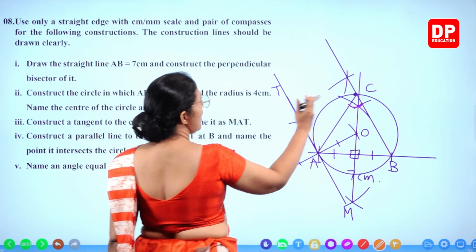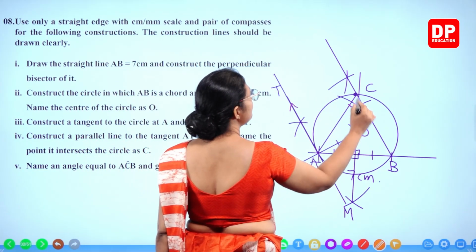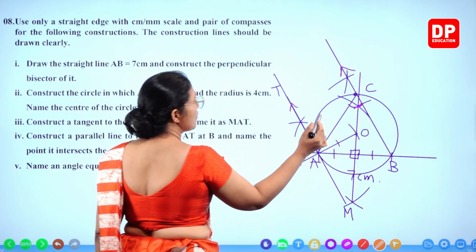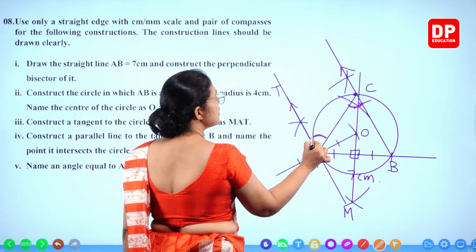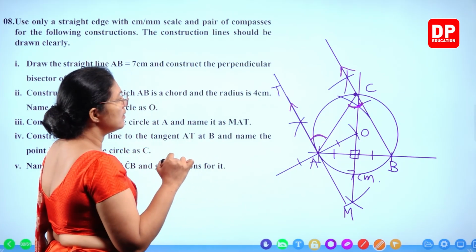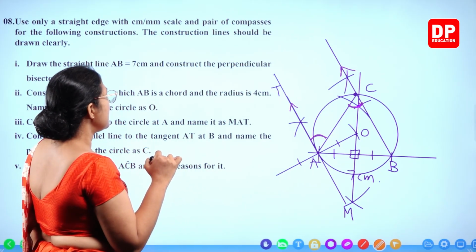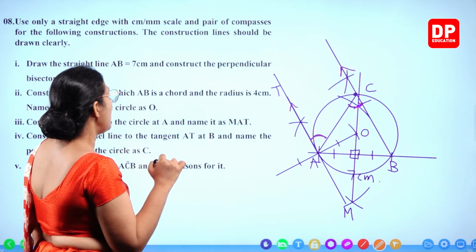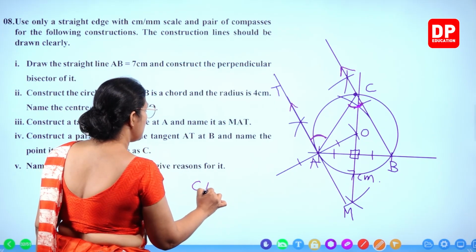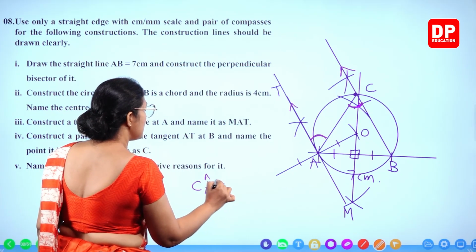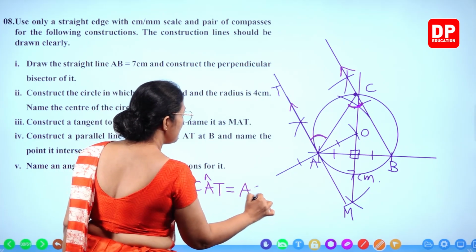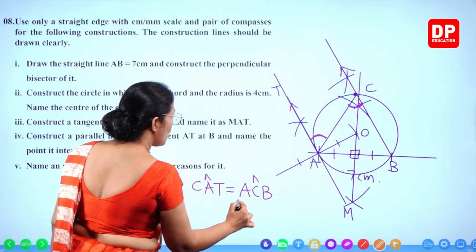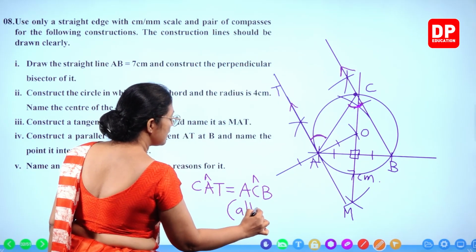Here, these two lines are parallel. This angle should be equal to this angle. Alternate angles are equal. So what is that angle? You can write CAT. CAT is the other angle equal to ACB because it's alternate angles.